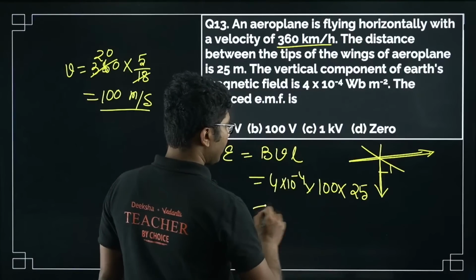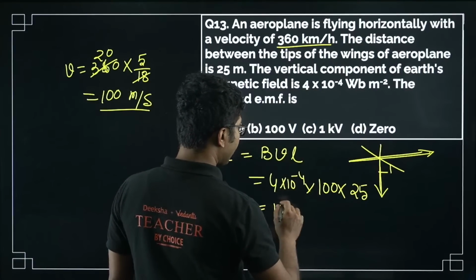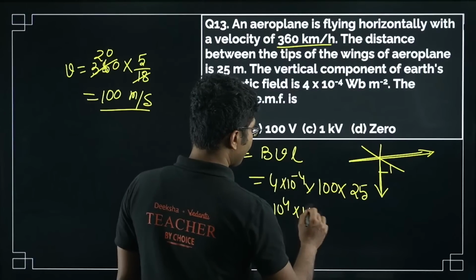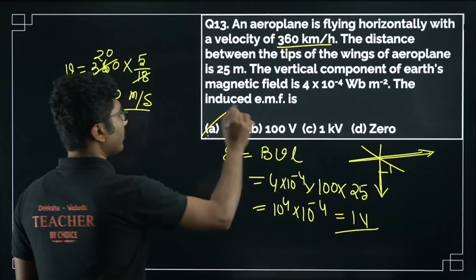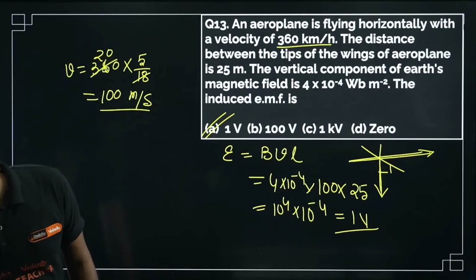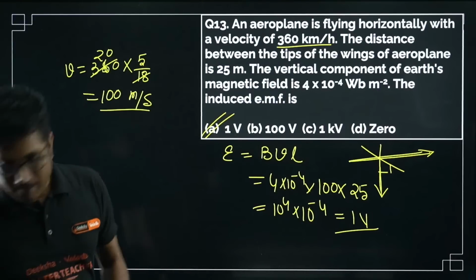So 4 into 25 is 100, 100 into 100 is 10 to the power of 4, times 10 to the power of -4, it is 1 volt. So answer is 1 volt. Okay, option A. Yes, BVL, yes, Sivomalu.